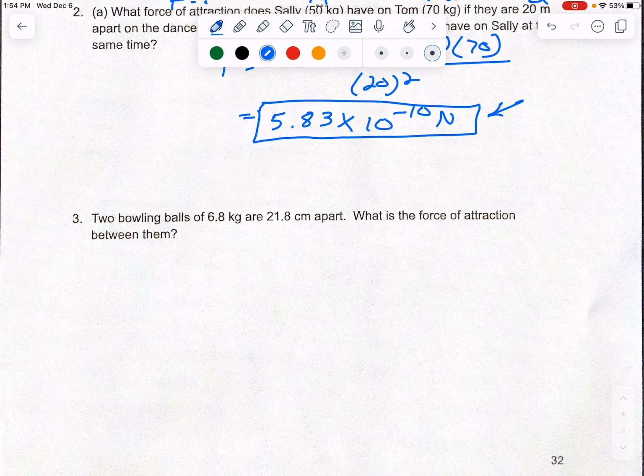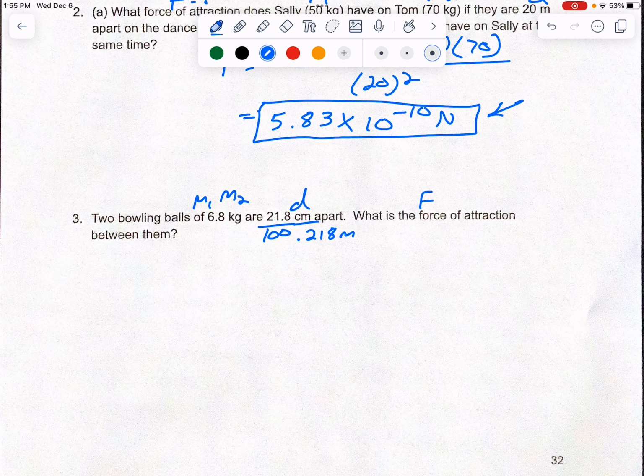Number 3, two bowling balls are of 6.8 kilograms. So that's both mass 1 and mass 2. They are 21.8 centimeters apart. So you just got to watch out for this. You can't have centimeters, so divide by 100, because there's 100 centimeters in a meter. So that's 0.218 meters. There's your distance. What is the force of attraction?